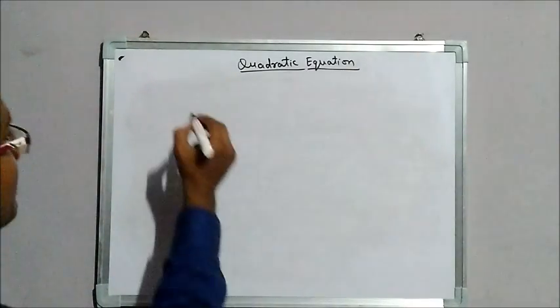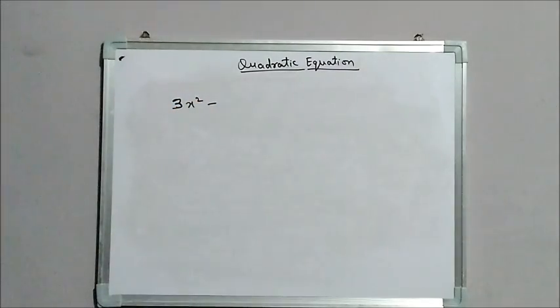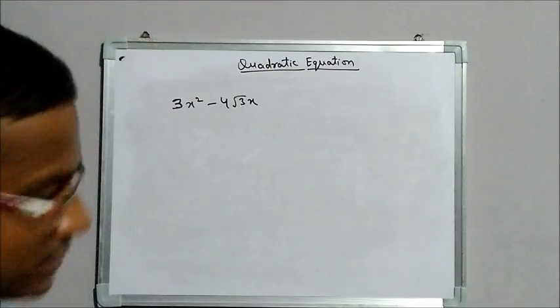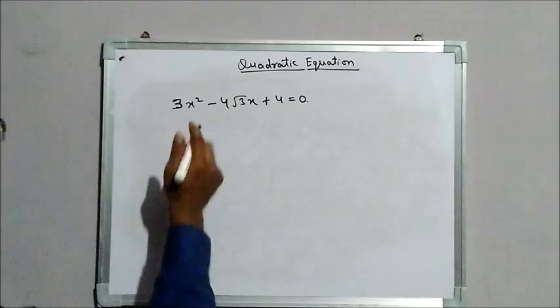Taking an example, 3x square minus 4 root 3 x plus 4 equals 0.